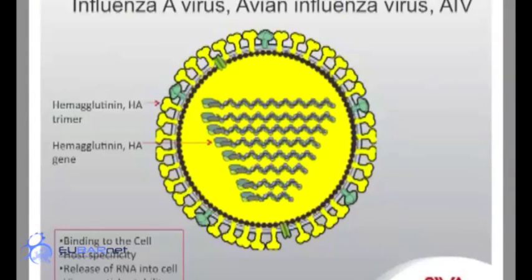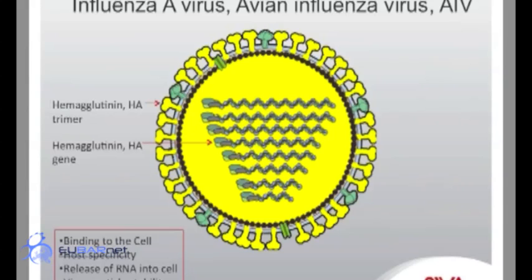So these viruses have a segmented genome like this. There are 8 segments, and the most important one for us, and very important in this virus, is the hemagglutinin. It's the 4th segment if you order them by length. So you have the hemagglutinin gene, and the hemagglutinin protein is on the surface.